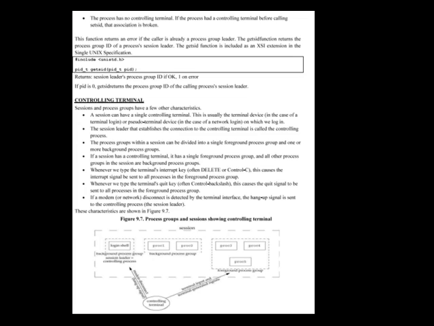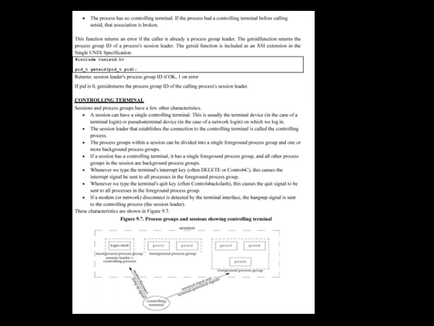The process has no controlling terminal. If the process had a controlling terminal before calling setsid, that association is broken. This function returns an error if the caller is already a process group leader. The getsid function returns the process group ID of a process's session leader.